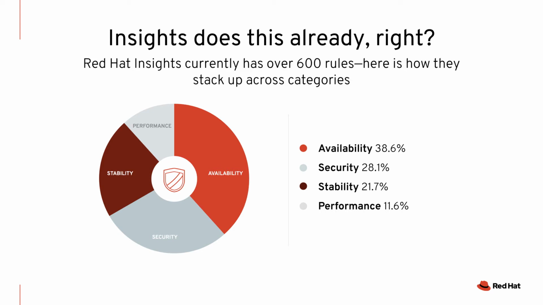So while yes, Insights can identify some high-impact security issues such as Spectre and Meltdown, it can also identify if your OpenShift host has insufficient CPU or memory, if your file systems have less than 95% free space, or if your network interfaces aren't operating at optimum capacity. Insights can detect all of these types of issues and offer automated remediations.